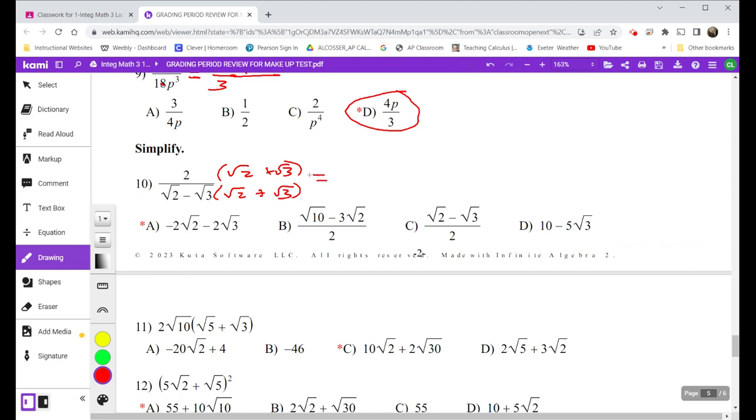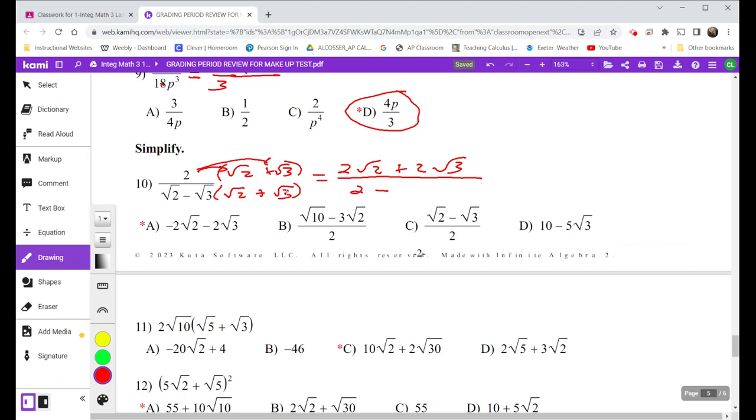When I multiply this together, I get 2 root 2 plus 2 root 3. So I just distribute that 2 into each one. And then the bottom, we do that to get rid of the square roots, because root 2 times root 2 is 2, and negative times a positive is a negative.